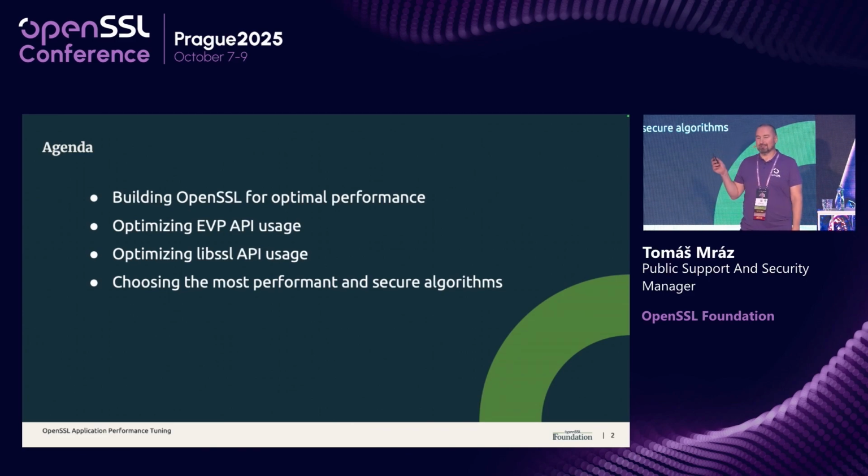Again, I have to repeat, this is 1 year old. There is probably some outdated information there, especially when we released OpenSSL 3.5 with PQC algorithms. There are definitely some changes which are not reflected there.